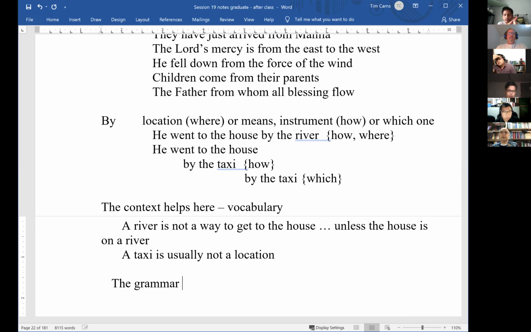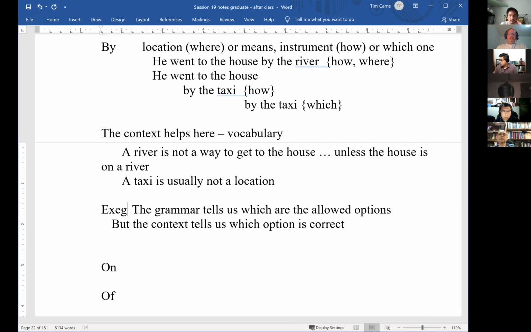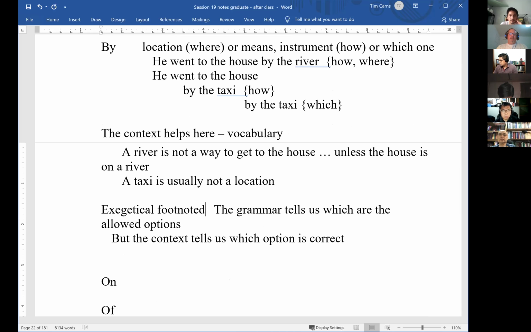The grammar tells us which are the allowed options, but the context tells us which option is correct. Okay, that's just your exegetical footnote for today.